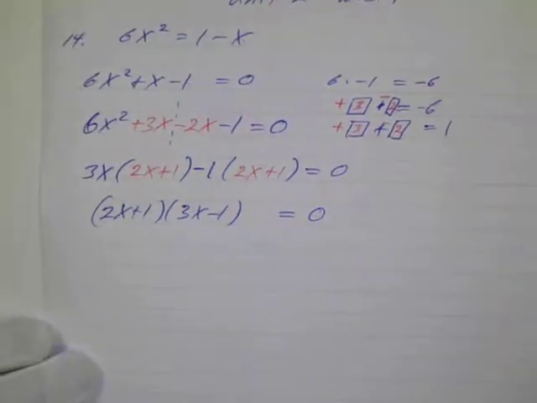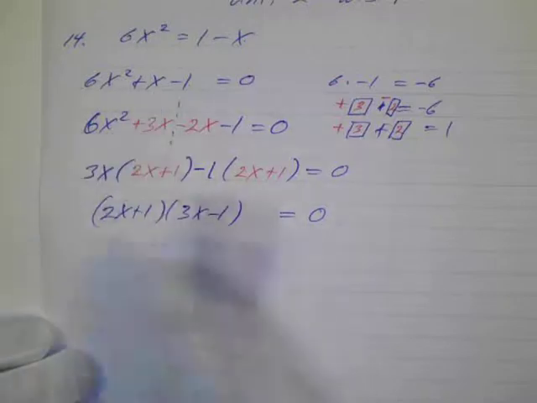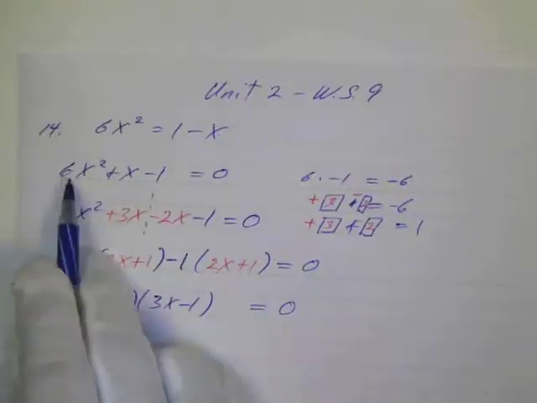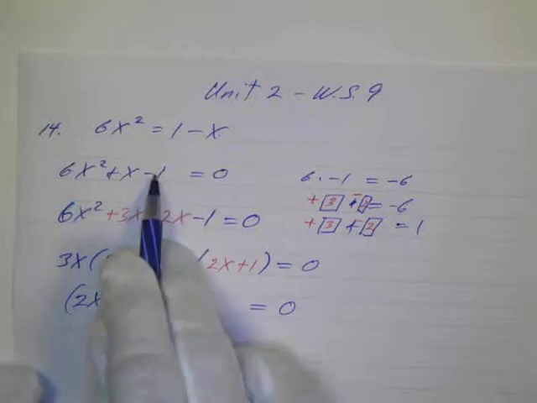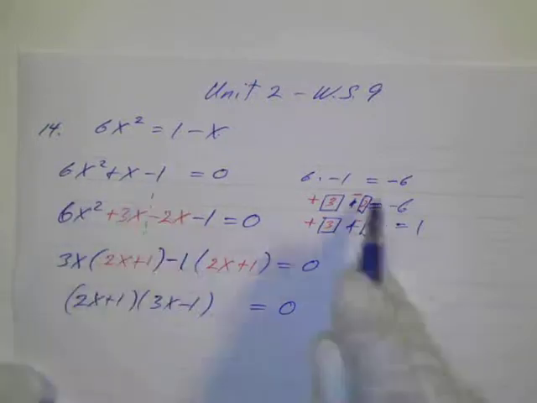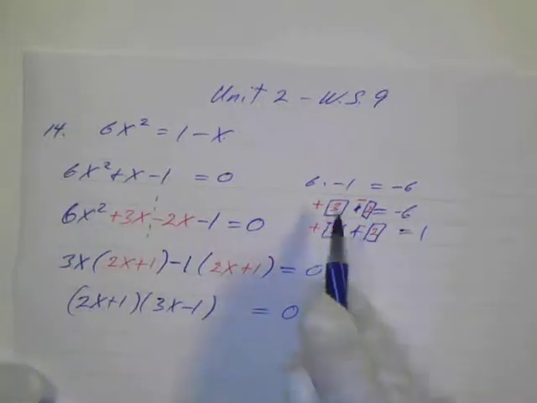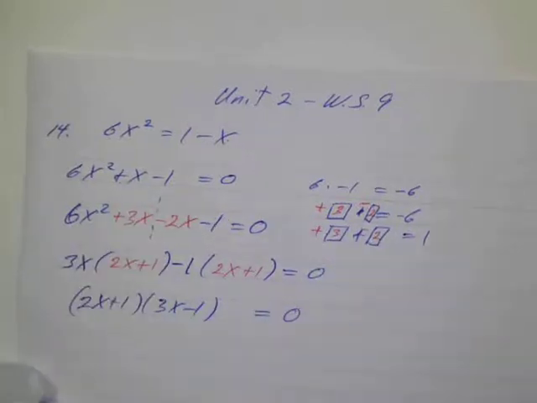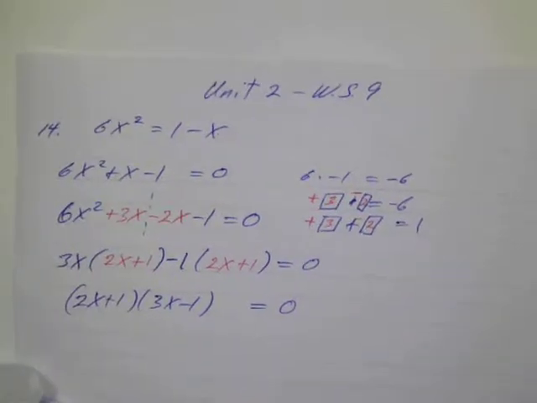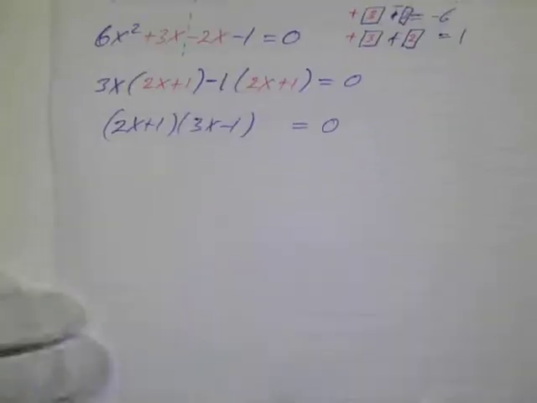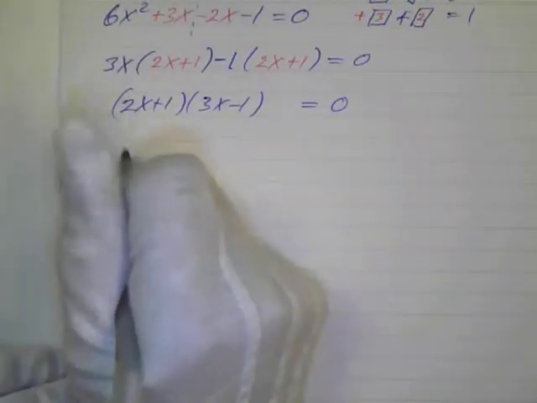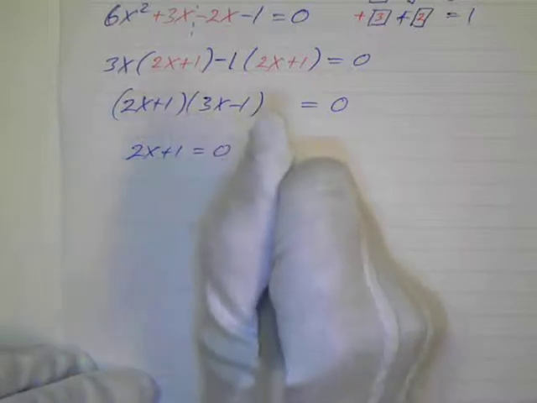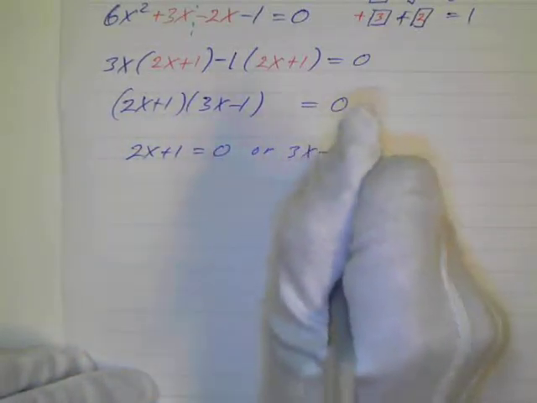All right? So that was a little bit more work to factor that, but that was this method. Again, you just multiply the first term times the third term. So 6 times negative 1 is negative 6. Then you need two numbers that multiply to give that, but add up to be this, which is 1x. Okay? All right, now we have this factor, so we know that 2x plus 1 equals 0, or 3x minus 1 equals 0.